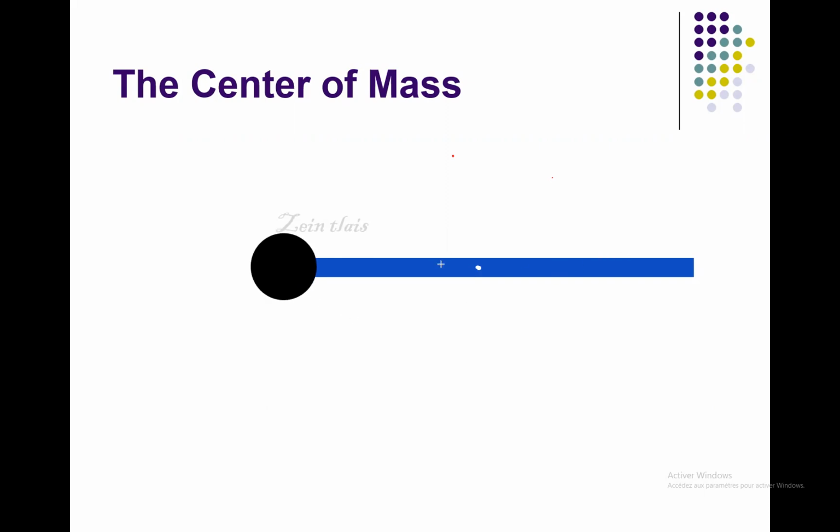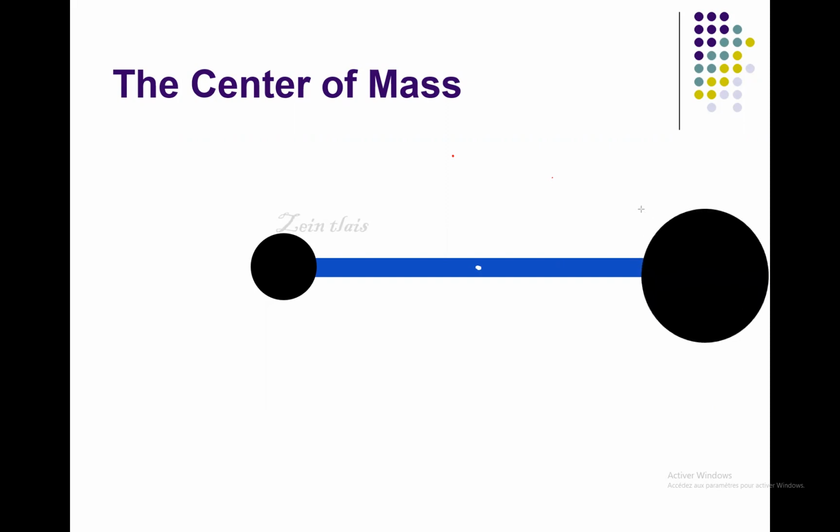So we have the road and we have M1 here. And let's say we have M2 here. So here we have M1, here we have M2, and we have the road.